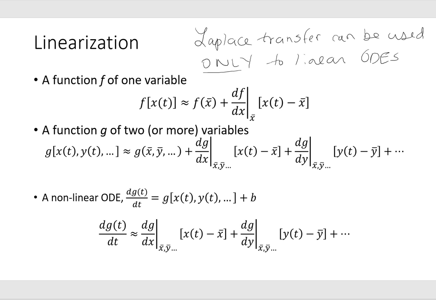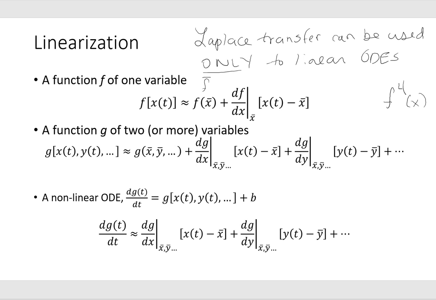So for example, if you have a function f, and there's only one variable, but it's nonlinear, for example, it's f to the 4th power, something like that. You can actually linearize, where this is a function of x, by the way, f of x. You can actually linearize this function by applying this formula. So we could say that for, in this case, f bar is a constant.